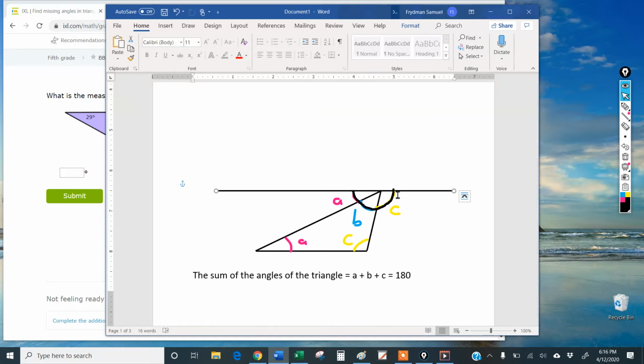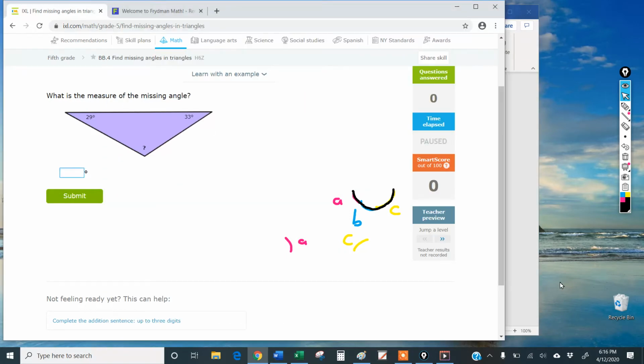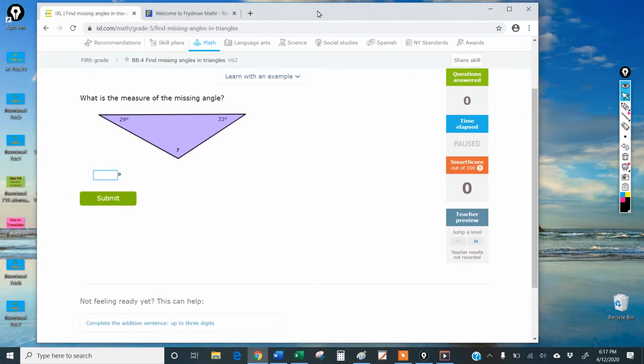And now we can use that information to figure out the missing angle in any triangle. So if I have any triangle and I'm given two angles, I can figure out what that missing third angle must be equal to, right?